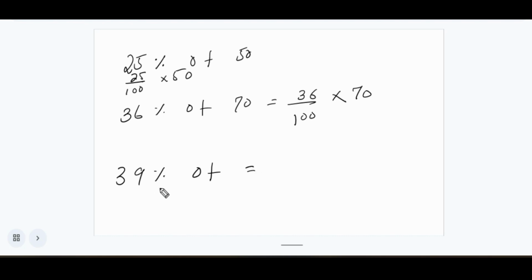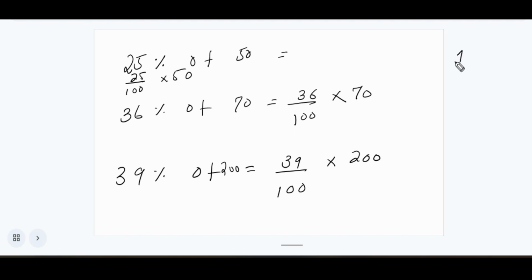In the same way, 39% of 200, let's say: 39% means 39 out of 100, "of" means multiplication, and 200. So you can find your percentages in this way.